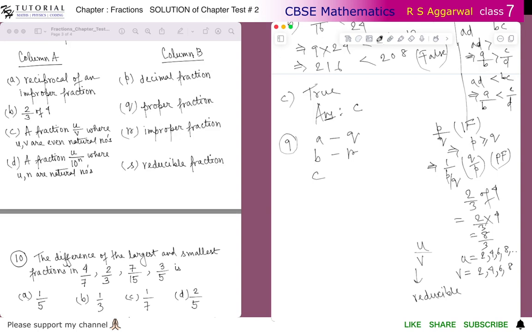So the fraction C is a reducible fraction. So C must go with S.